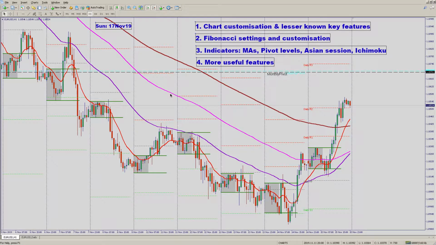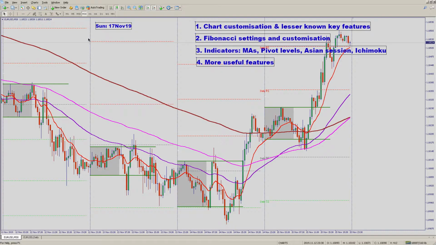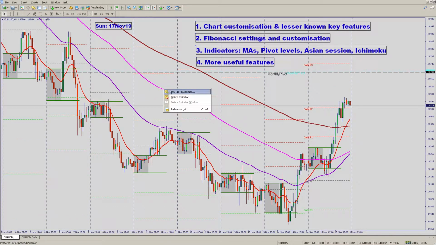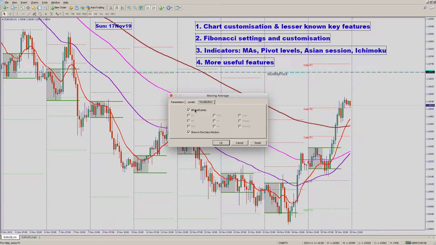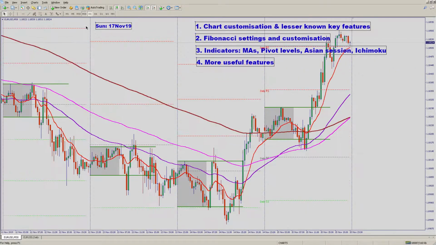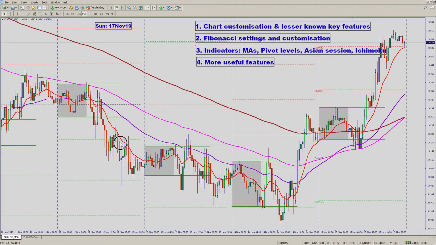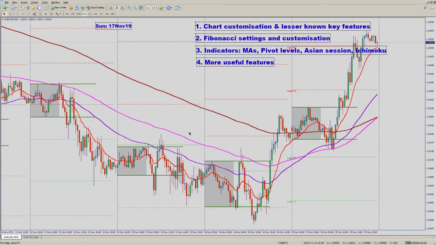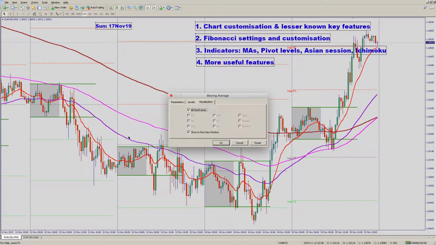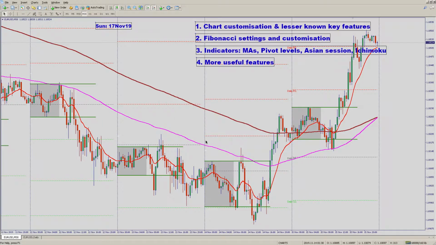Since it's only relevant on the 30-minute, we don't need this on every time frame, so we can go to visualization and just select 30 minutes, and it will only appear when we select 30 minutes. And for the 55 EMA, for this exercise, we can select visualization to occur everywhere except the 30-minute time frame.